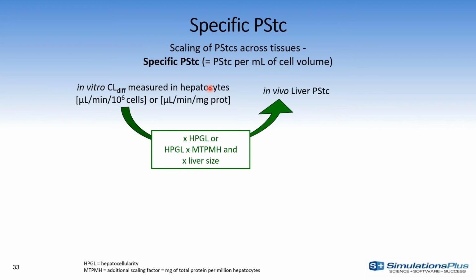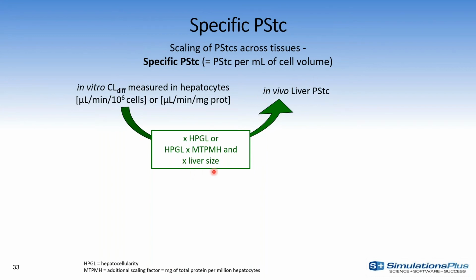It will have the unit either milliliter per minute per million cells or milliliter per minute per mg of protein. If you multiply that value by the hepatocellularity, or an additional scaling factor to scale the total protein per million hepatocytes, then we reach a value for the in vivo liver PStc.